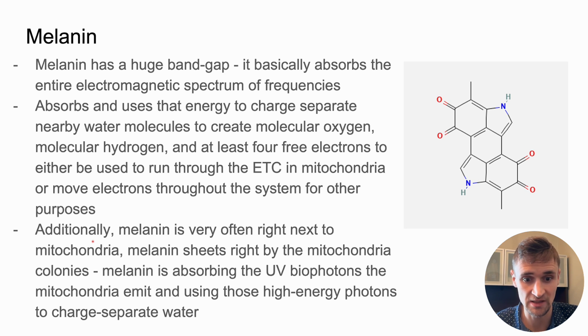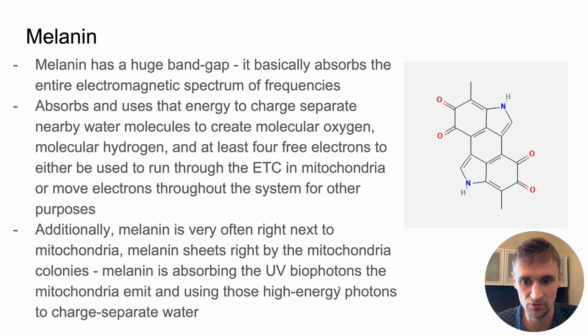And then additionally, what's interesting is melanin is very often right next to the mitochondria, and there are papers on this that I've read that have confirmed this. Melanin sheets sit right by the mitochondrial colonies. Basically what melanin is doing is absorbing the UV biophotons that Dr. Jack Kruse talks about that the mitochondria make during mitochondrial metabolism.